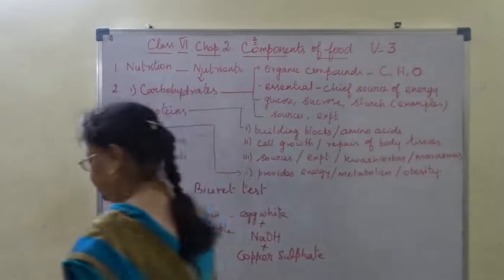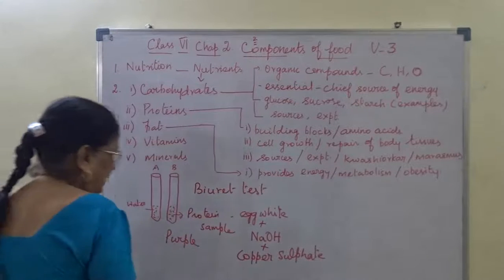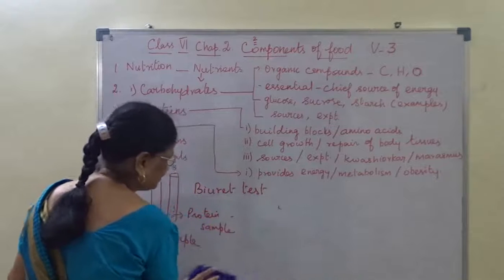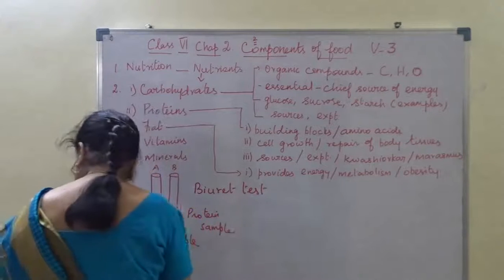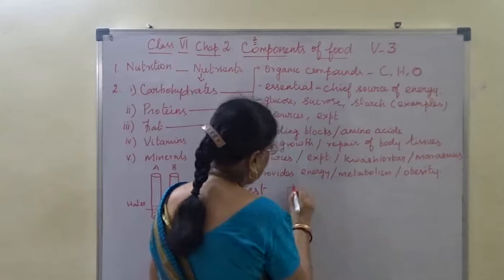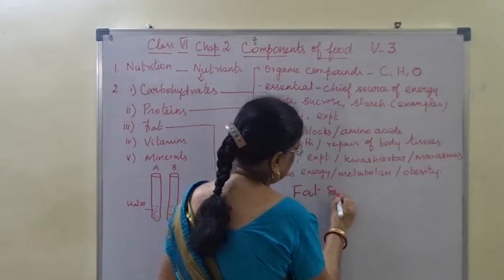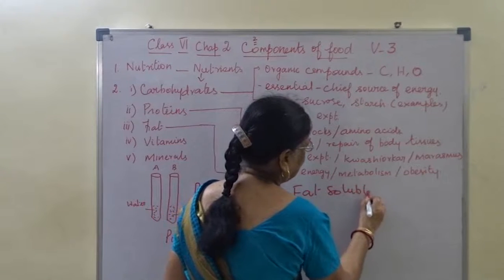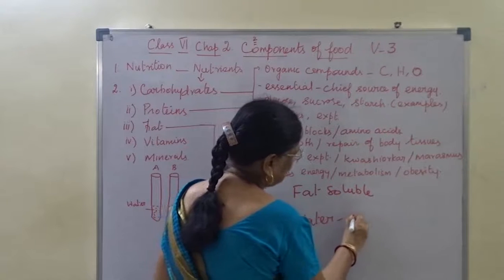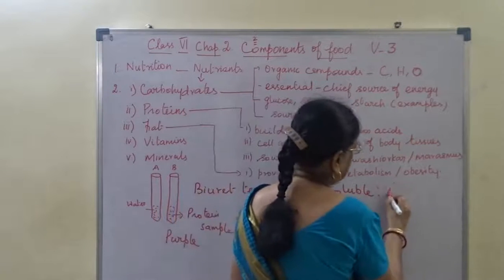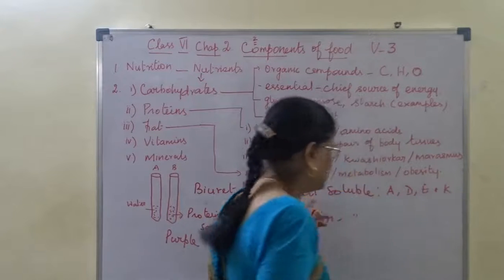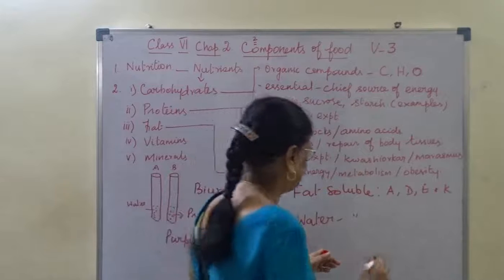The next one we are going to learn is vitamins. Vitamins are fat soluble vitamins and water soluble vitamins. Vitamins A, D, E and K are fat soluble vitamins.